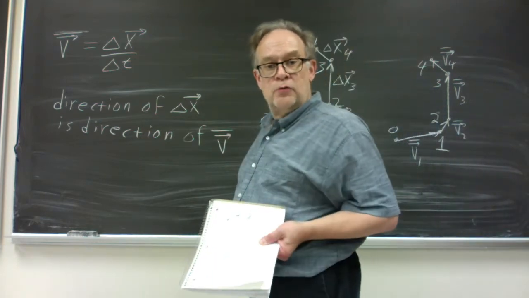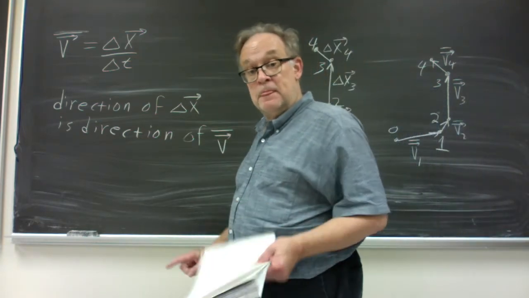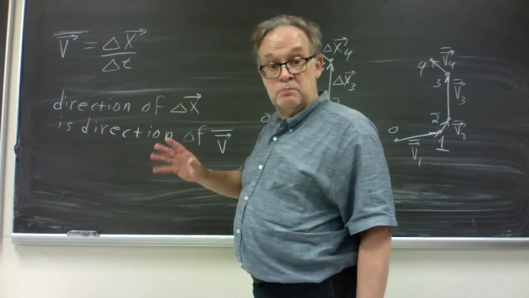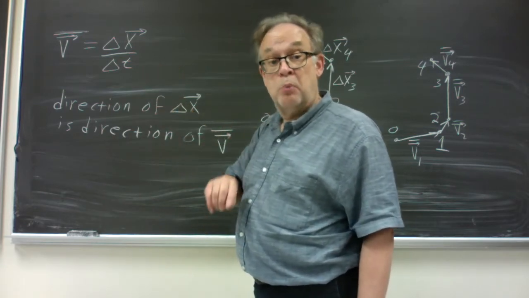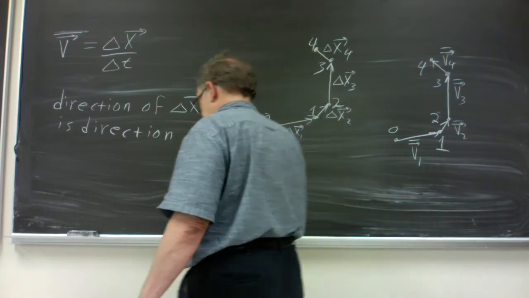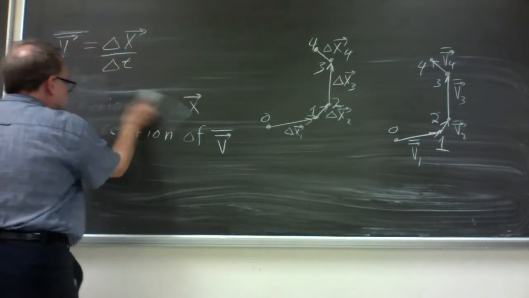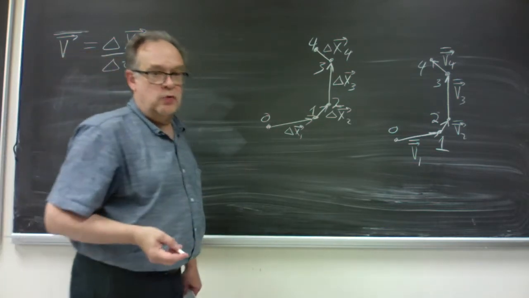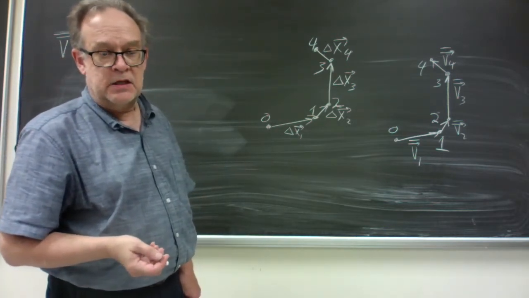And the rule for average speed is a little different from this. Might look superficially similar, but there's an important difference. I'll leave up here the rule for average velocity vector.